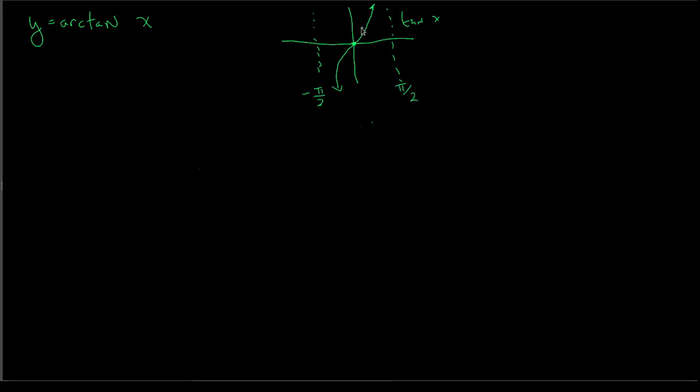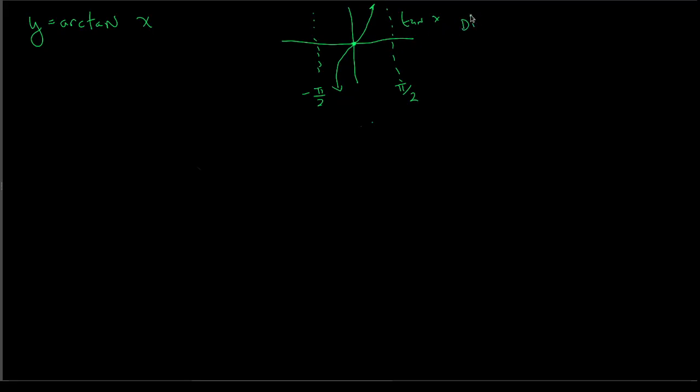All right, we're going to look at y equals arctangent of x. And so if we remember our arctangent function, it has a limited range due to, if we think about our tangent function, so here's tangent of x, it has a period between negative pi over 2 and pi over 2, and it's asymptotic towards infinity.